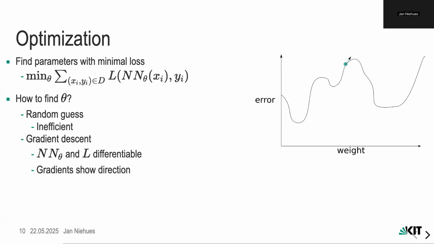You make a prediction of your network with your input, compare it to your output, then you have some function L which measures how good this prediction is, and then you sum over all possible inputs. That is our overall goal. Somehow the best network would be the one where this loss is minimal. It doesn't need to be zero, and there are a lot of problems where the data is contradicting, so you can't find a solution where you always have zero, but in general it is important to find one which is good.